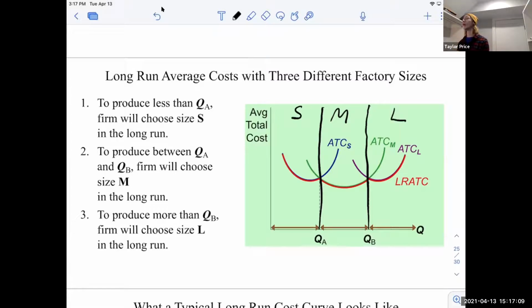So depending on what quantity the firm produces, that's going to change what size of factory the firm is going to have, because its average total cost curve is going to be lower at different quantities. So if we're at this point, we're going to be small. This point, we're going to be medium. In this point, we're going to be large. So it just depends on the quantity we produce.